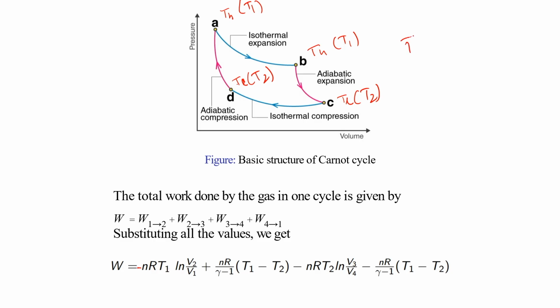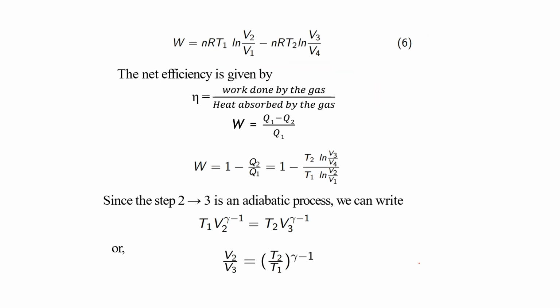We consider TH as T1 and TL as T2. If we do this, we get minus nRT1 ln V2 by V1, then nR(T1 to T2), and then minus nRT2 ln V3 by V4. We arrive at the expression: minus nRT1 ln V2 by V1 minus nRT2 ln V3 by V4.